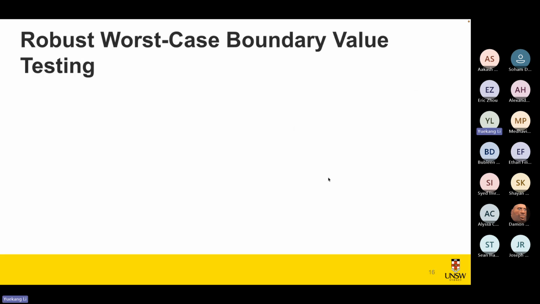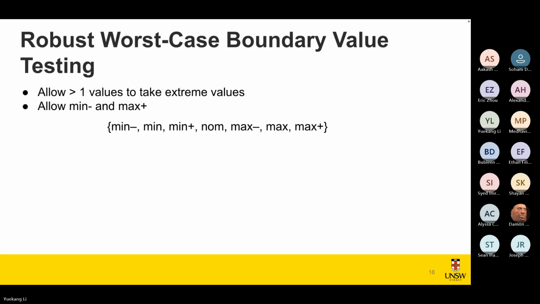So this is the illustration. And now let's combine the two concepts together. What about robust worst-case boundary value testing? It means that we remove both assumptions. We allow parameters to take invalid values, and we allow more than one parameter to take the extreme values. What will happen in this case?